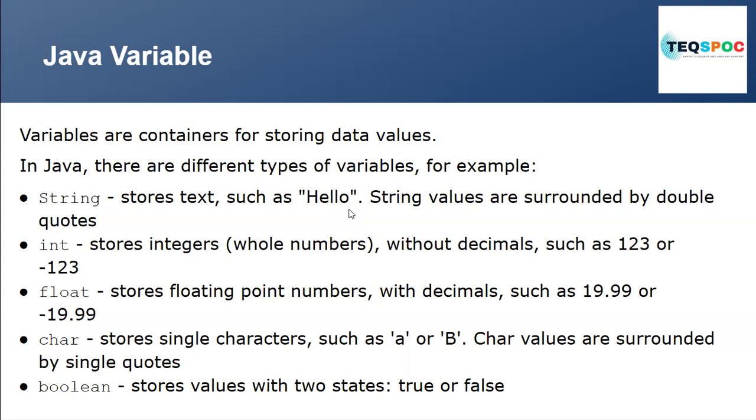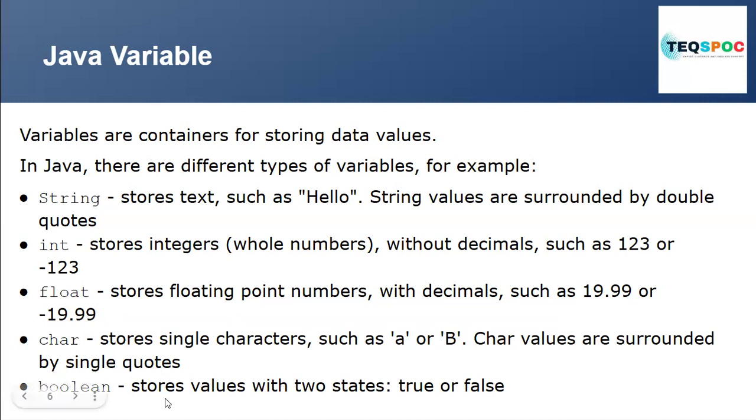String values are surrounded by double quotes. Int stores an integer value, a whole number without decimal, such as 123 to minus 123. Float stores a floating point number with a decimal, such as 19.99 or minus 19.99. Character stores a single character, like single quote A, single quote capital B. Character values are surrounded by single quotes.